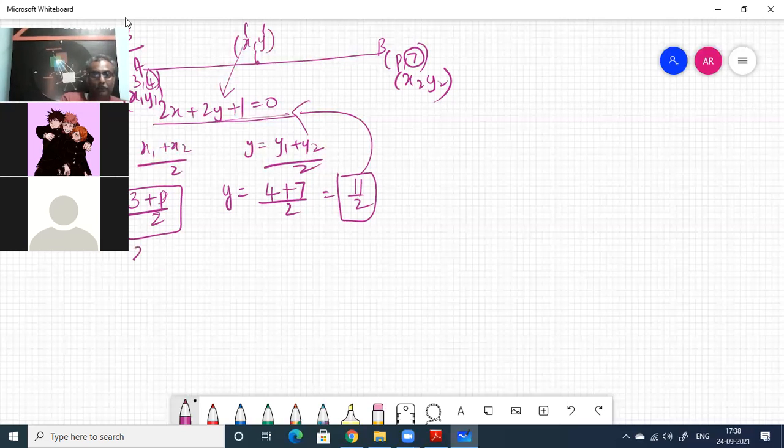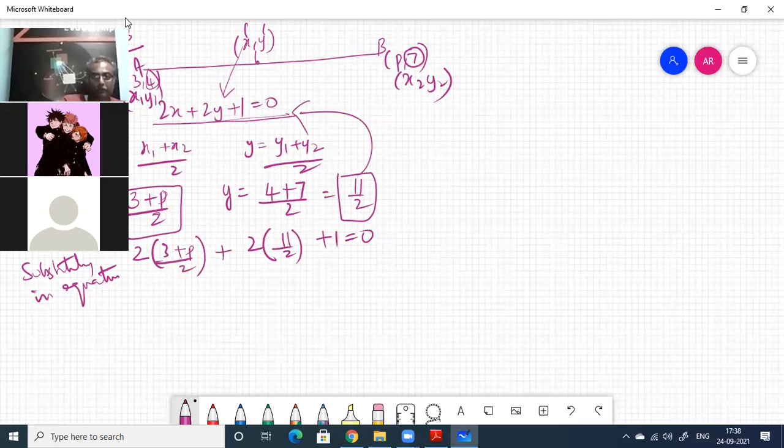2 into (3 plus p) by 2 plus 2 into 11 by 2 plus 1 equal to 0 you are getting. Okay. Substituting the x and y values in this equation.